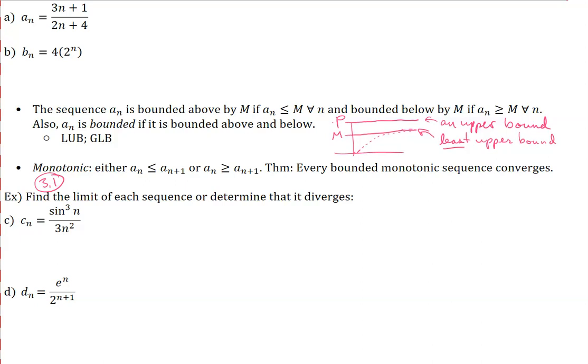If any term has a value that is less than or equal to the next term, then that means the function is increasing. And then if any term is greater than or equal to the next term, then the sequence is decreasing. Okay, and then we have this theorem here that says every bounded monotonic sequence converges. So if it is bounded both above and below, then it has to converge to something. Okay, all right, and then we're going to do the examples from up above, and then these two in class.